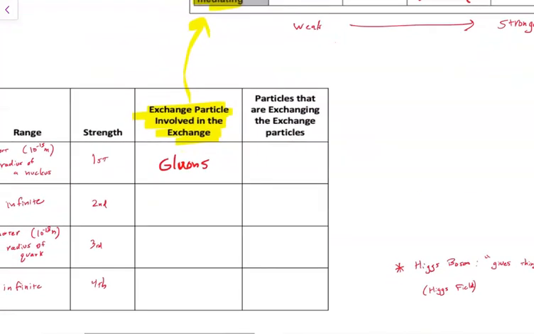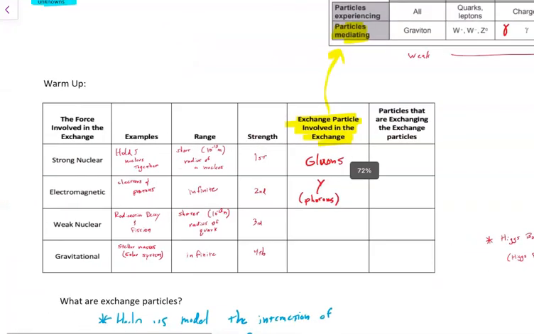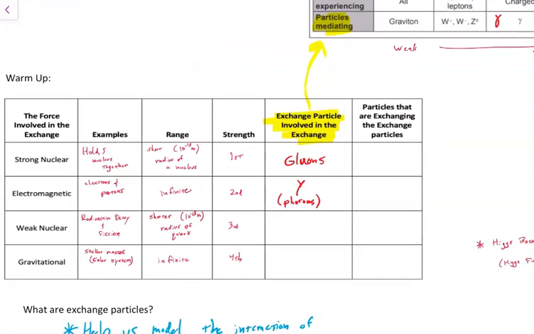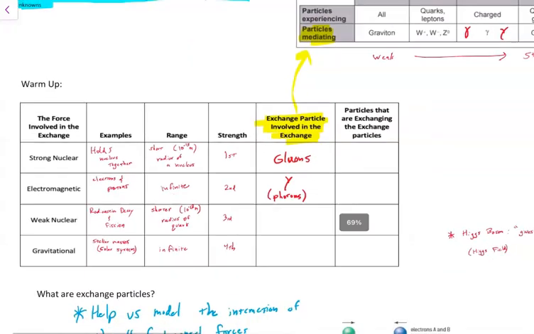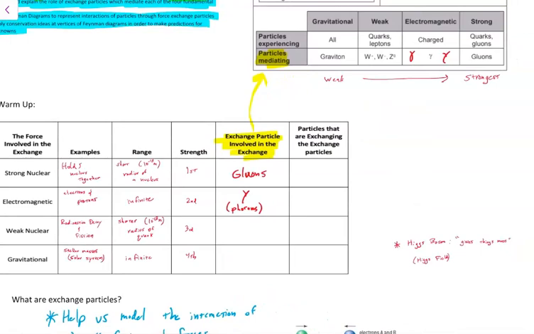Either way, it means photons. So photons are the exchange particles for the electromagnetic force. The weak nuclear force uses these bosons: W plus, W minus, and Z, which is a neutral boson, depending on if there is a charge being transferred in the radioactive decay process.